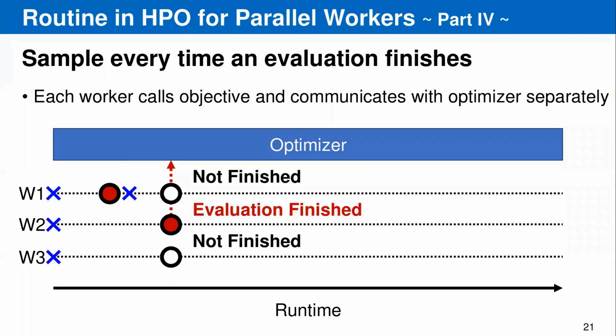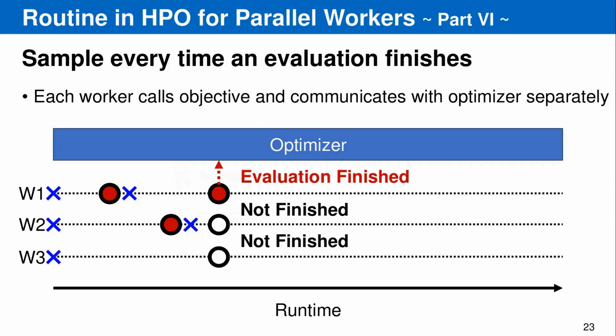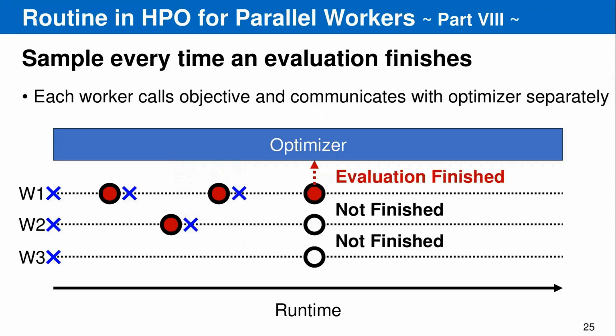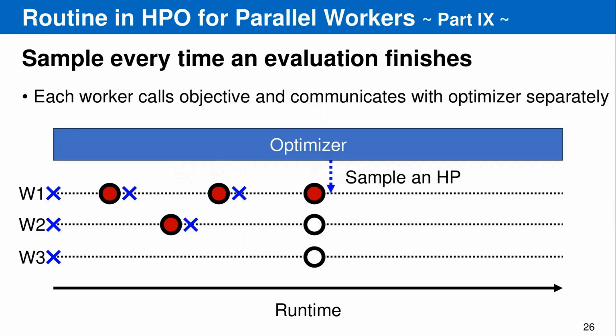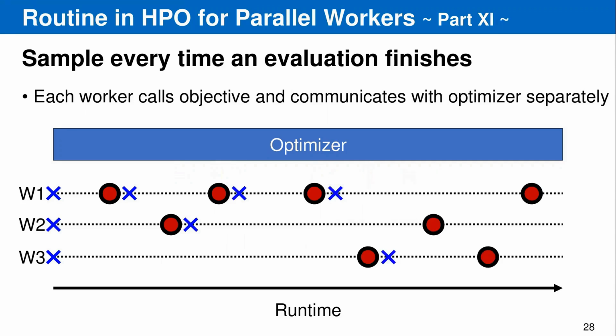The optimizer waits until the next end of an evaluation and takes the result. The optimizer samples, waits until the next end and takes the result, and repeats this. We repeat it until the budget runs out.